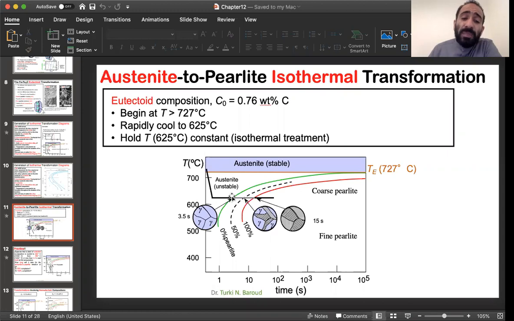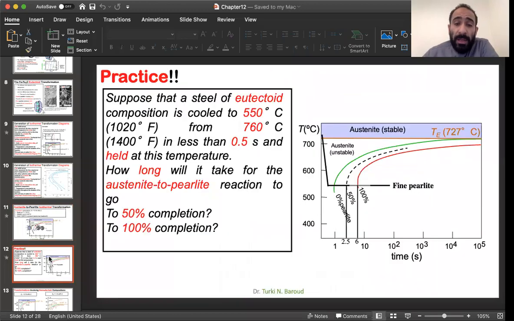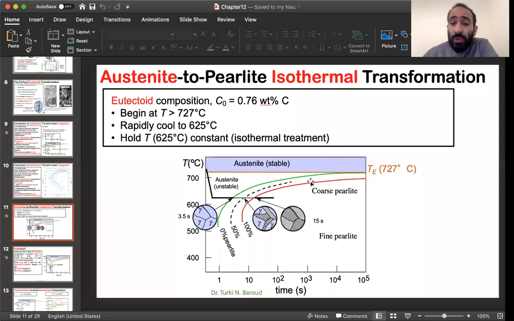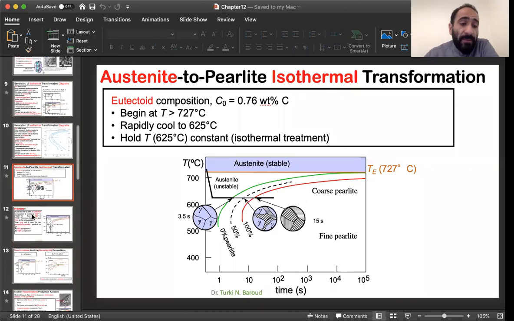Then if you hit the dashed line, 50% of the mother material, the gamma austenite, transforms to pearlite. If you hit the red curve, then all the gamma austenite has transformed to pearlite. And it depends: if you are cooling to a higher temperature, you get coarse pearlite; at a lower temperature, you get fine pearlite.